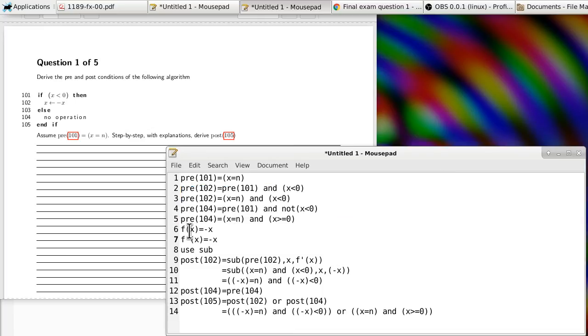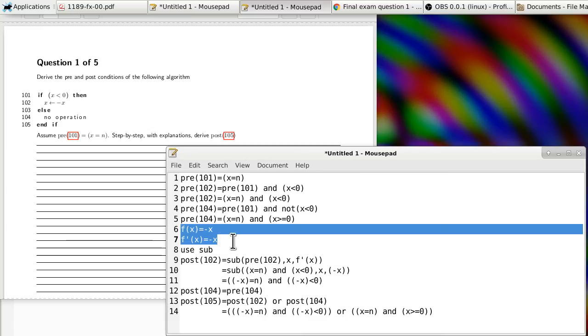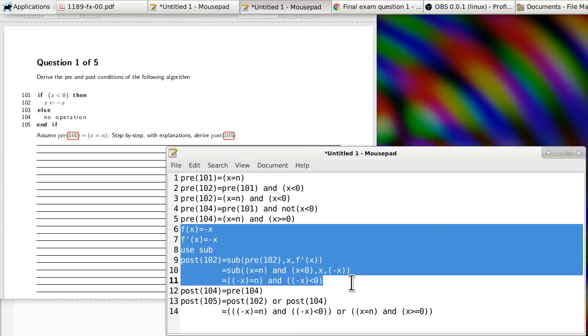And then from line 6 to line 11, that has to do with whether you understand how an assignment statement is affecting a variable and deciding when and how to apply the substitution rule. So that is worth quite a bit of points as well.